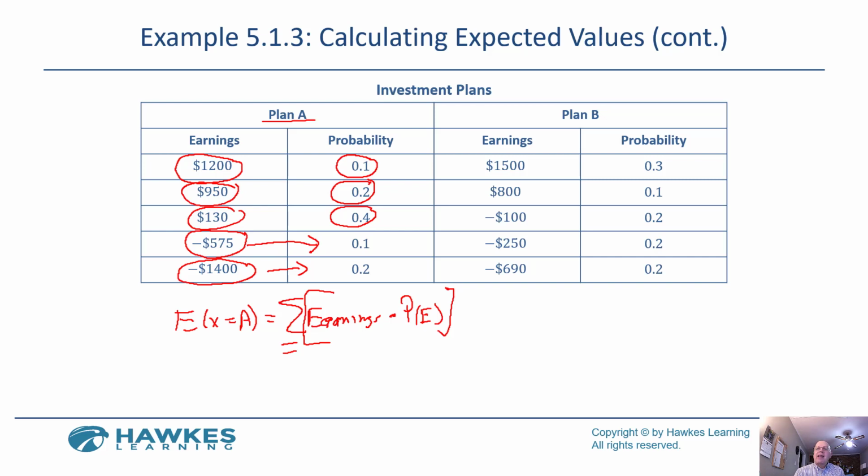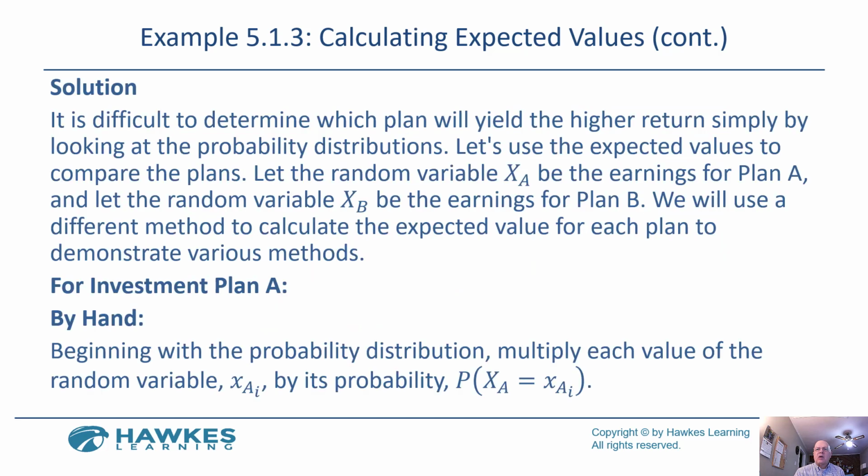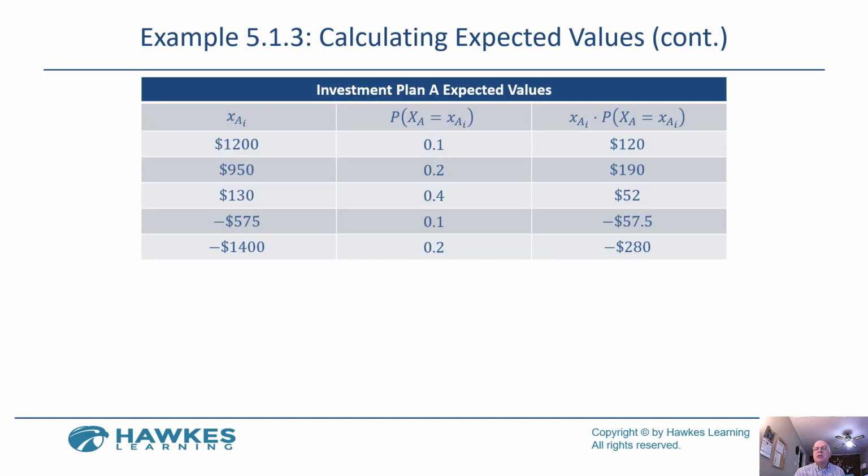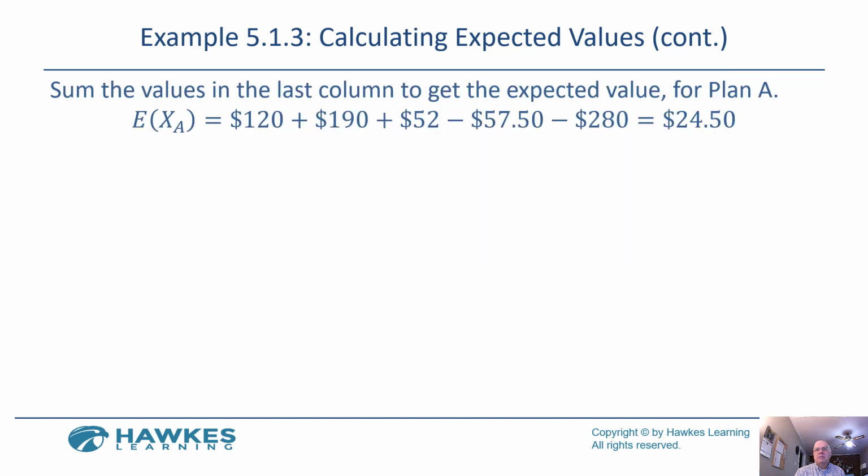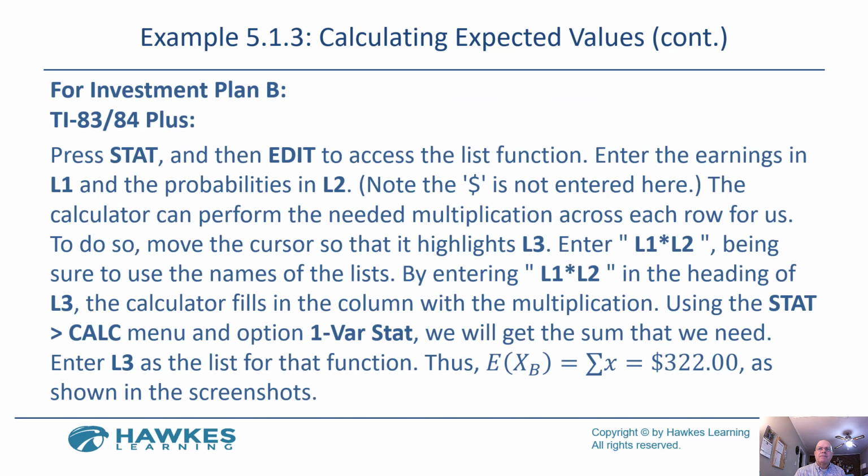Now this can be a little bit tricky. By eyeballing it, you might come to a conclusion, but will you be right? Well, we have a way of figuring out whether we're right or not. We're not going to do it by hand. I've shown you how to do that. Those are the expected values for the individual amounts.